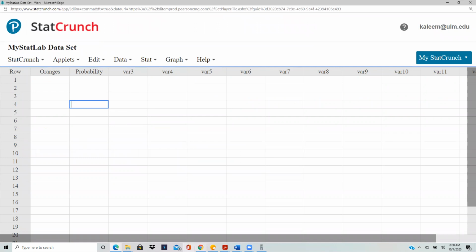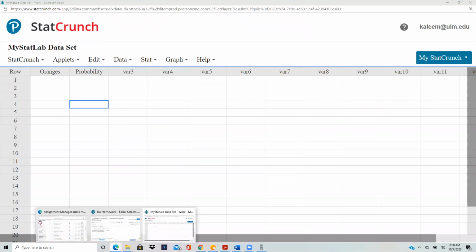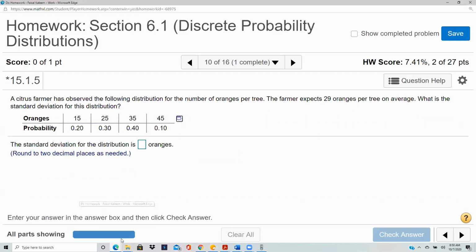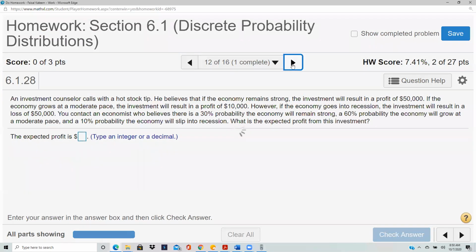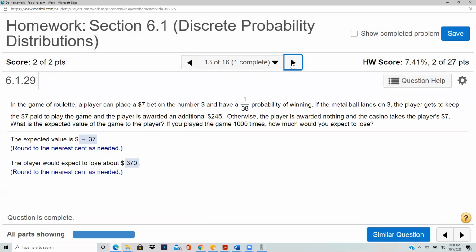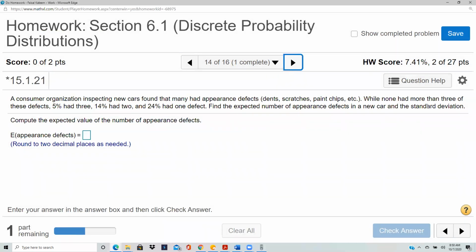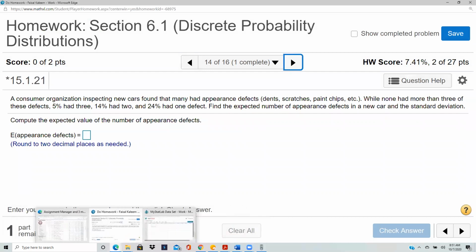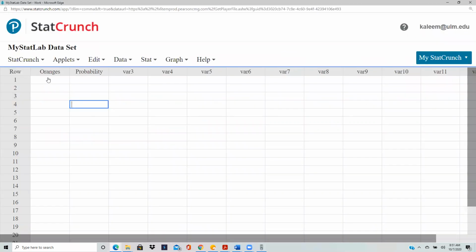So right now what we had was that 5% of the cars had 3 defects and 14% had 2. So here you will have the defects.